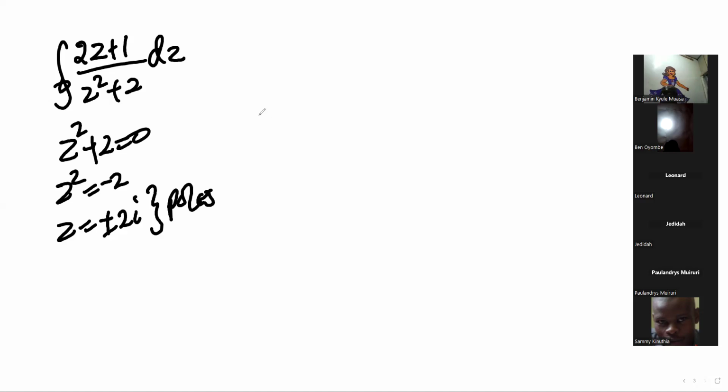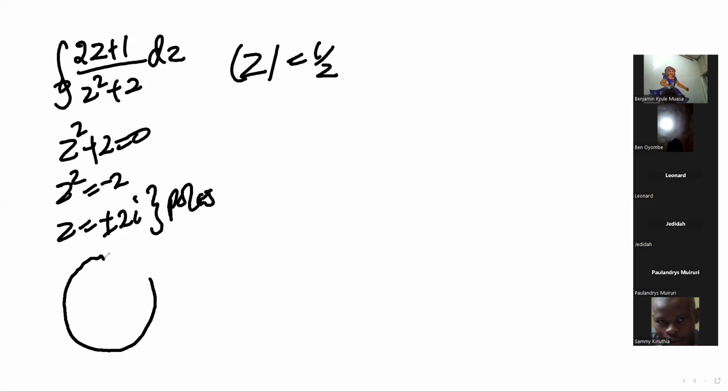Now the other procedure: you sketch the circle, and the circle was |z| equals a half, like that. This is the real part, and this is imaginary. So now you can see that up to here is 1.